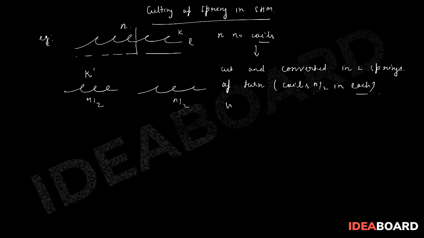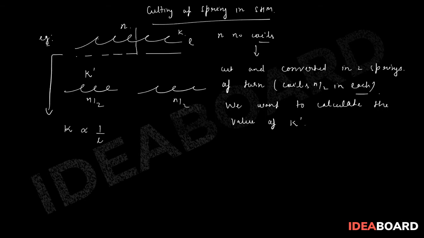So we want to calculate the value of K dash, right? So understand, for the first spring, this is our original spring, we know that K is inversely proportional to the length, right?